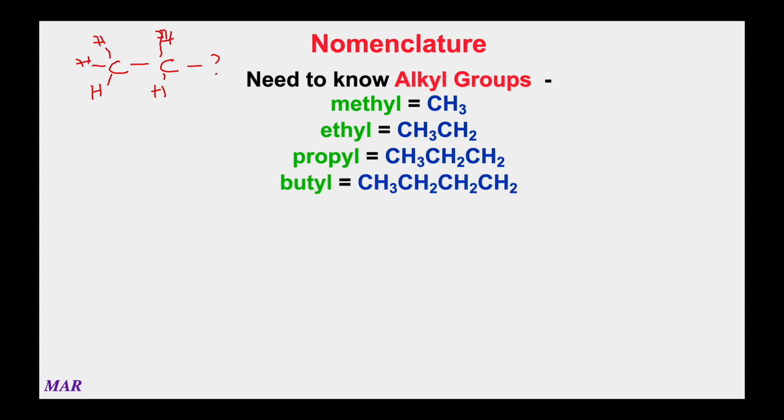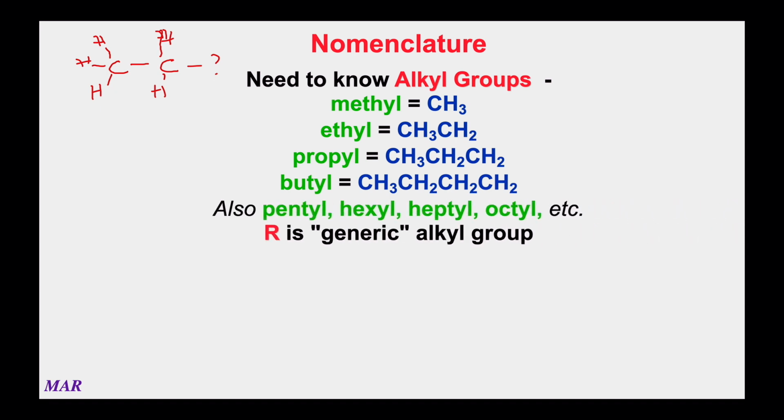Butyl is 4 carbons, and again, all those carbons are tetrahedral sp3, so you'd have something else on the end of the butyl group there to make it a compound. A butyl group is not a compound unto itself. Then there's also pentyl, hexyl, heptyl, octyl, which are 5, 6, 7, and 8 carbons. Yes, it goes beyond octyl. There's nonyl and decyl, which are 9 and 10, etc., etc.